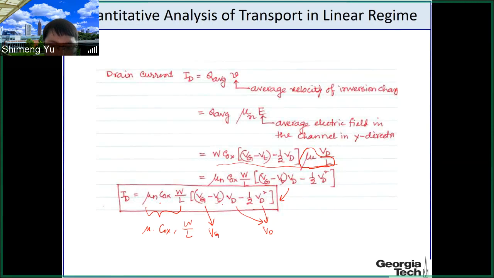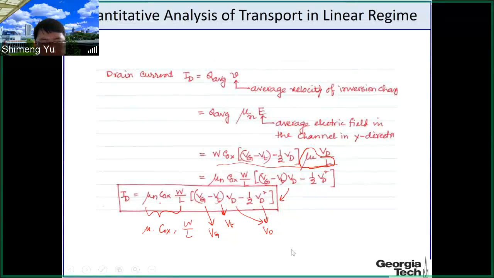Of course, you have the threshold voltage, but that is determined by the doping, as we discussed in the previous lecture. So what you can control as a user is the gate voltage and drain voltage. So this drain current is determined by both gate voltage and drain voltage.